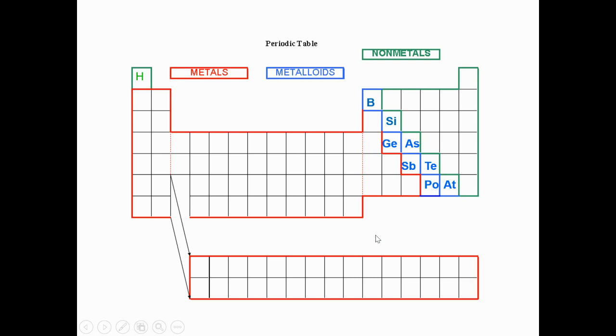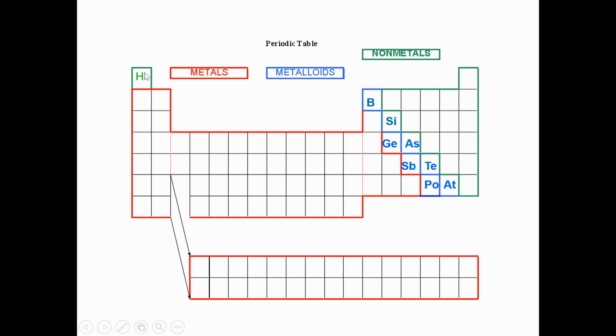The elements on the periodic table are broadly divided into 3 types. They are metals, nonmetals, and metalloids. So if you would, outline the metal section in red, outline the nonmetals in green.